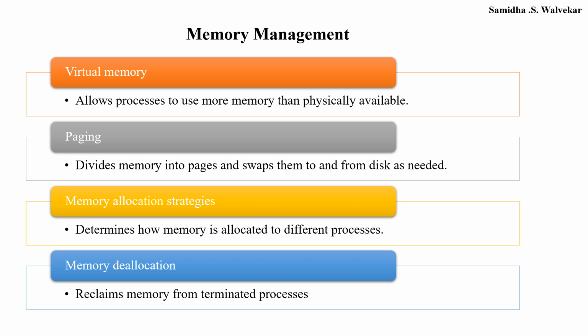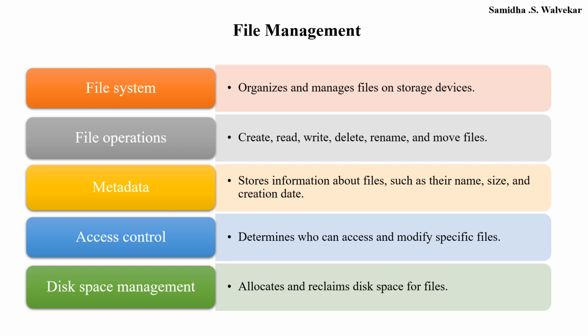In memory allocation, the portions of memory is assigned to different programs. And in terms of deallocation, it means releasing the memory which is no longer in use. Means whenever we close a program, operating system deallocates the used memory. Next is file management.